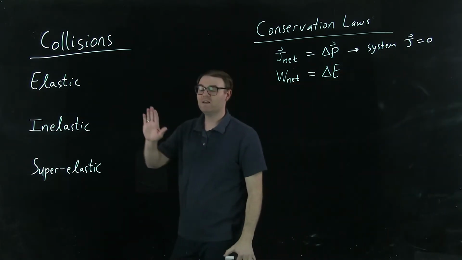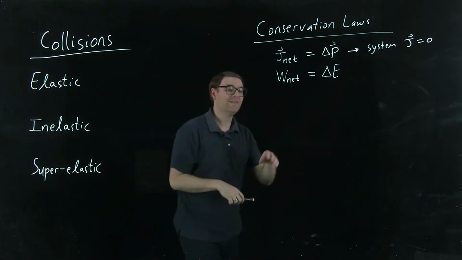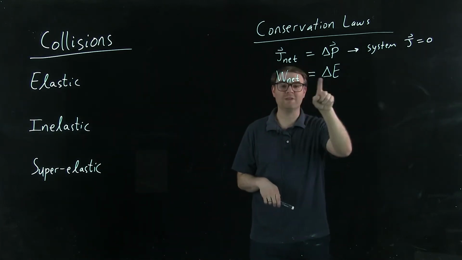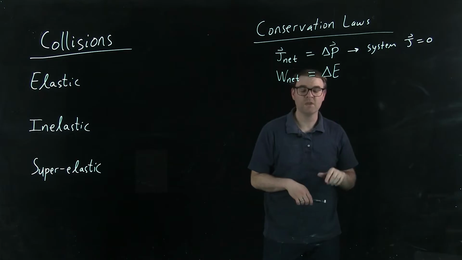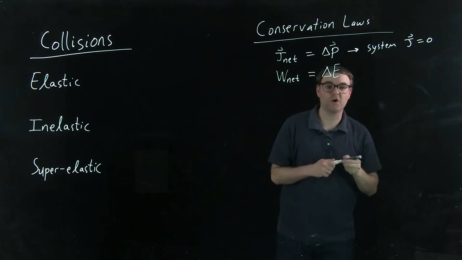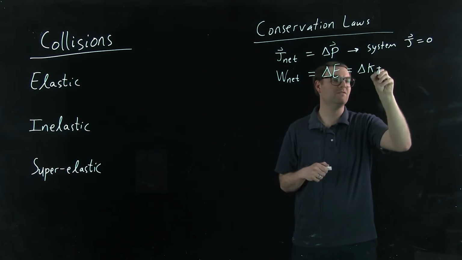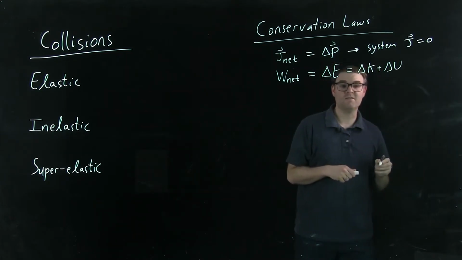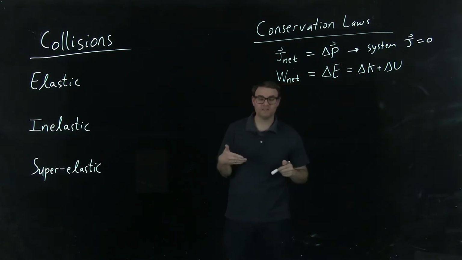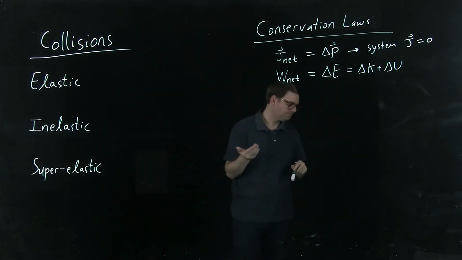you can then talk about some different kinds of collisions that depend on what we're going to do with this other conservation law. Now, we know from working with energy a couple of weeks ago that there's lots of different kinds of energy that might be involved in the changes in the internal energy of a system.